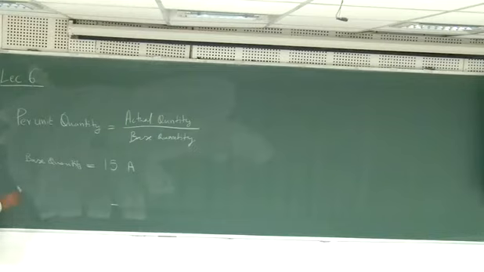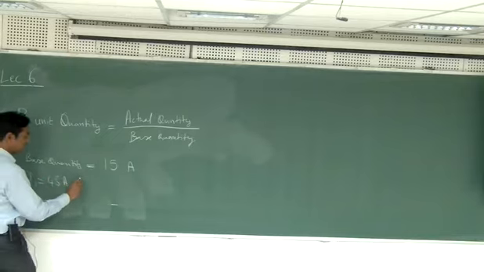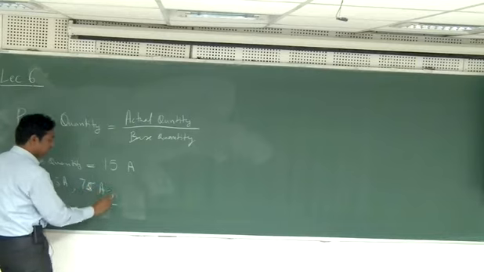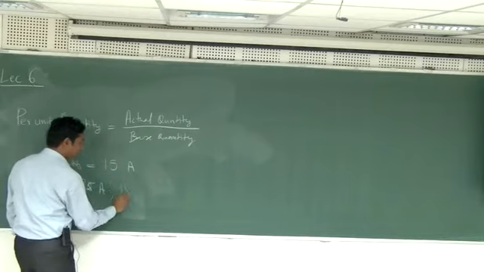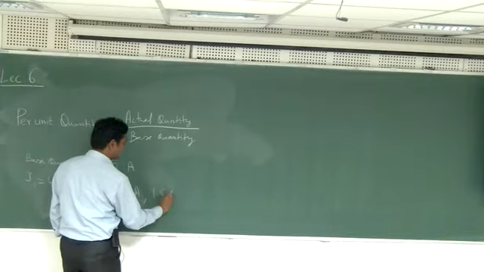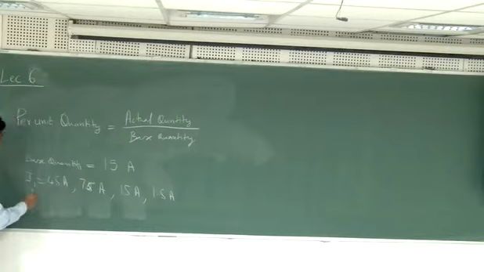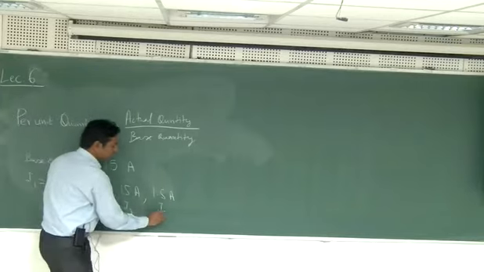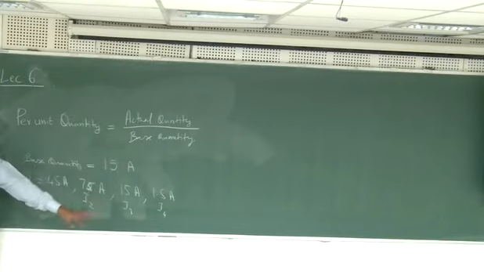So let's say I have some current I1 of 45 amperes, then 75 amperes, and then 15 amperes, and then 1.5 amperes. So like this I have different currents: I1, I2, I3, I4. So 4 different currents I am having.